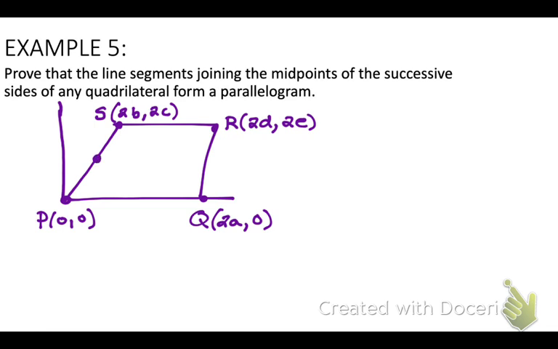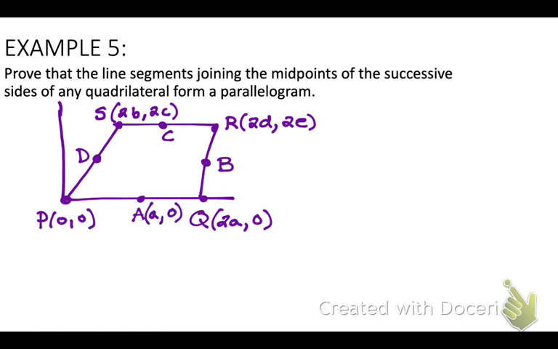Now I need to find all the midpoints of those sides and then connect them. The midpoints I'm going to call D, A, B, and C. So what would be the coordinates of A? Add your x's: 0 plus 2a is 2a, cut in half is a. 0 plus 0 is 0, cut in half is 0.